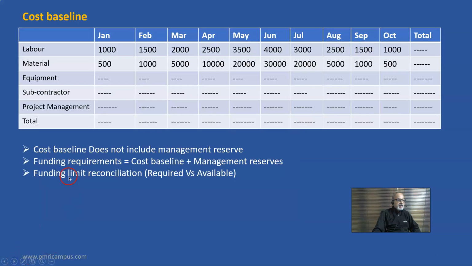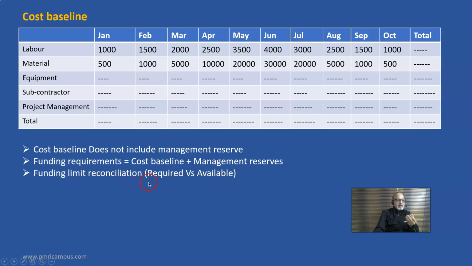Then funding requirements: how much this project needs in the first month, second month, or first quarter, second quarter, third quarter. For that purpose, we use both cost baseline and management reserve.